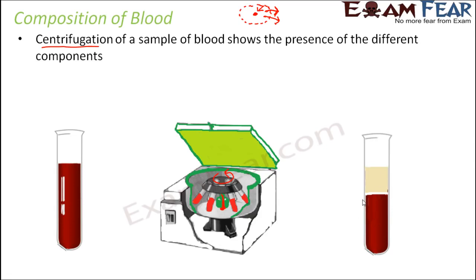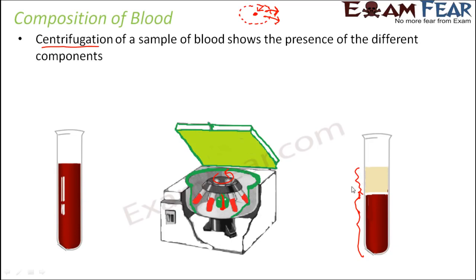It is observed that the very dark colored substance gets deposited at the bottom. Next layer is a buffy coat kind of structure, a very thin layer in between, and then again you have a watery layer which is not red in color, but a little yellowish, or a little watery in color.